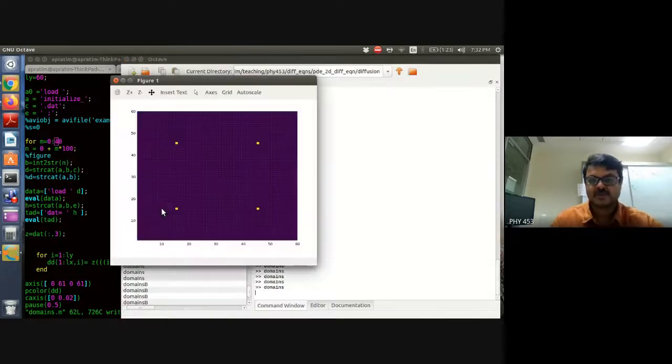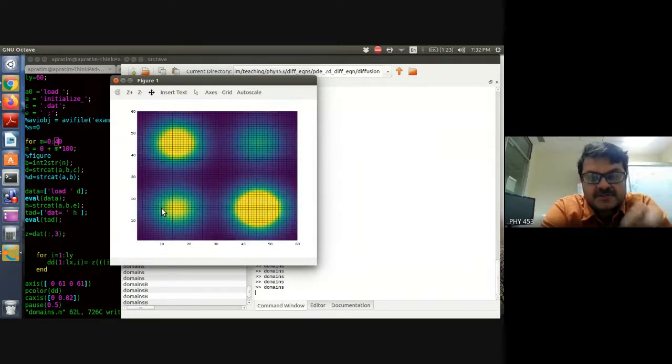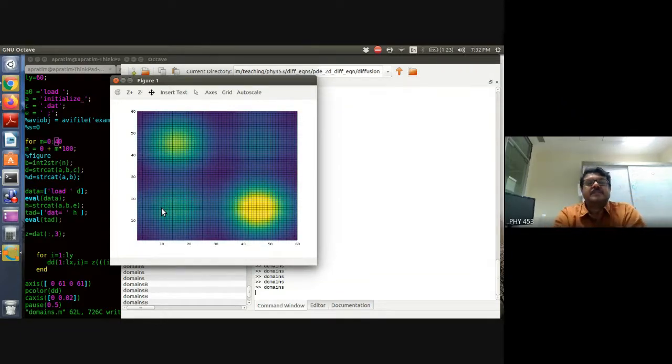Of course, it has to, except now we're making a snapshot at more frequent intervals, right? So it's after 40 snapshots that it will reach the same time. And you see it slowly diffusing out. It's becoming relatively uniform. One can hardly see any difference.